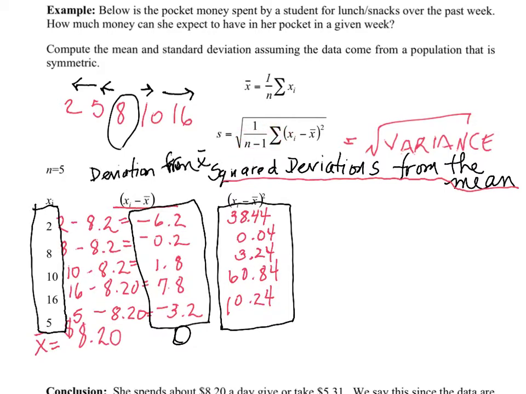What is happening? We're dividing by a smaller number, because n minus 1 is smaller. When we divide by a smaller number than we would have if we divided by n, the overall number is a little bigger. This ensures that our sample standard deviation covers the values and is a good representation of the spread of the values in the distribution. Let's see how that turns out in our interpretation at the end.